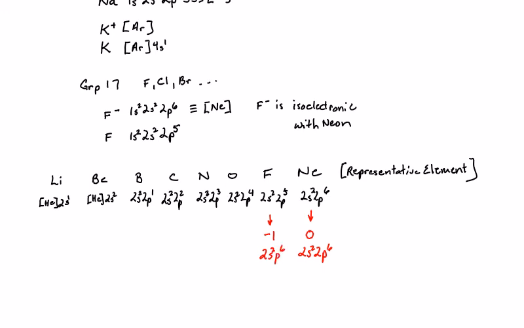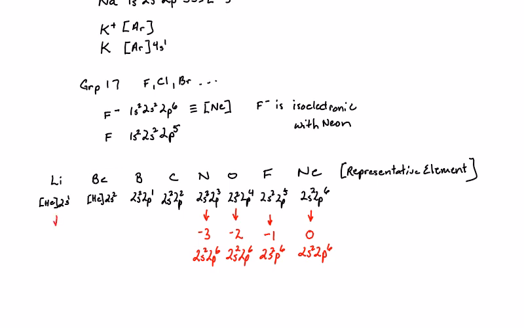When oxygen takes on a negative 2 charge, that means it has 2 additional electrons, so 4 plus 2 is 6. Again, we become isoelectronic with neon. Nitrogen takes on a negative 3 charge because by adding 3 electrons, this becomes, again, like neon. Carbon, well, let's skip carbon for a second here.